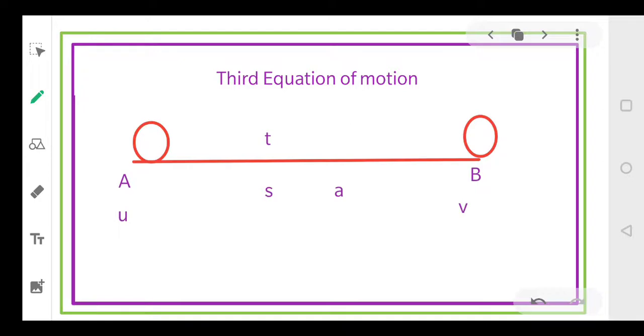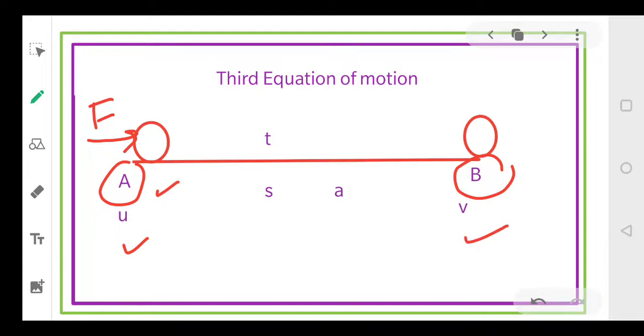Now before we come to the third equation of motion, again we'll understand that there is an object which is present at position A. Then we applied the force, or the object started moving, and now it reached the position B, right? Here the velocity was U, final velocity is now V, and the object has taken time t to cover the distance s, and since there is a change in velocity, the acceleration is produced in the object.